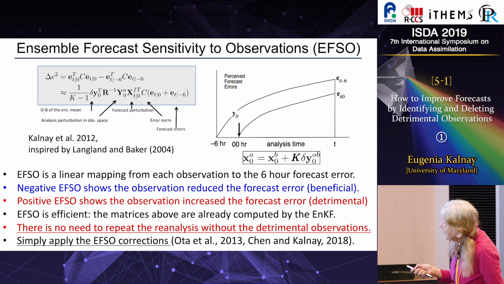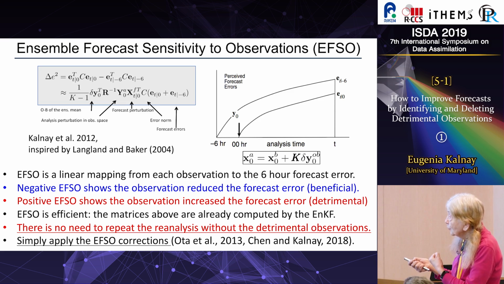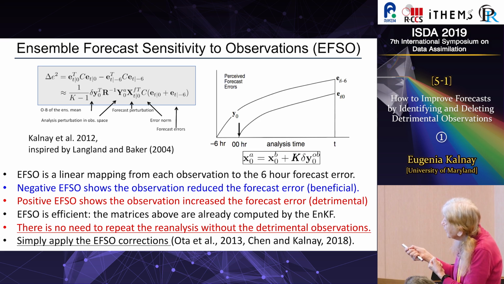And then we verify against something, so we have the error which is represented by this value if you use the observations, and if you start 6 hours earlier, you do not use the observations, and then presumably you get a total error which is larger.